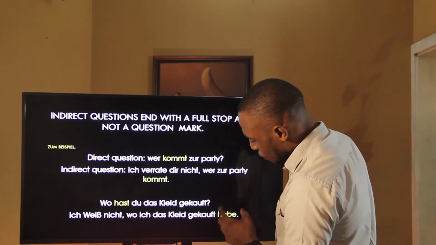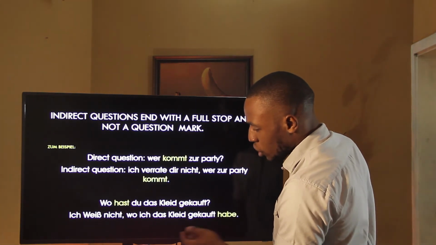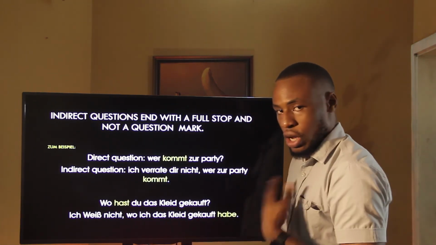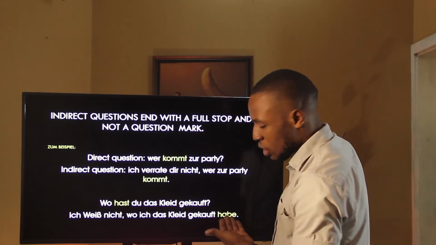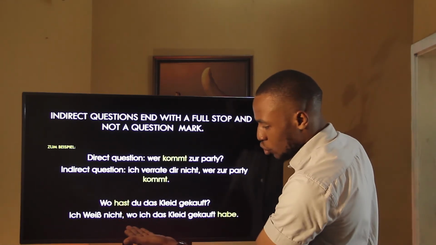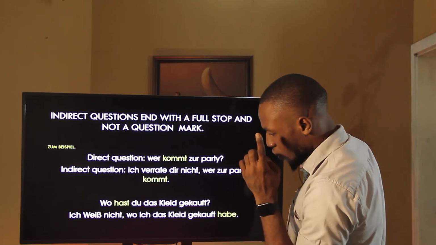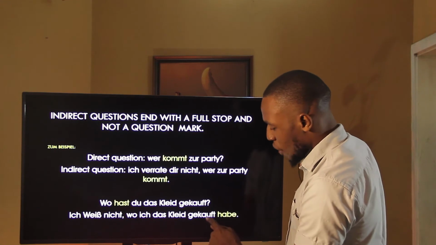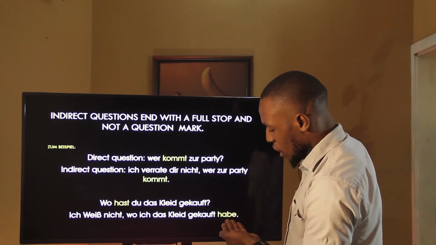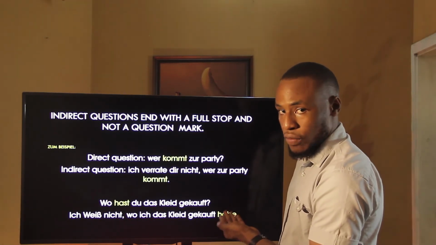Now, my verb conjugation would have to agree with the subject, which is ich, I. Which is why the verb conjugation in this case differs. Don't forget, in this case, we have the sentence in the past, which is why we have gekauft, and then we have the verb habe at the end of the sentence.